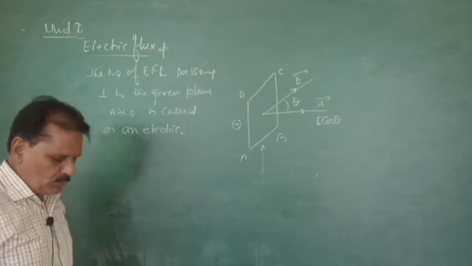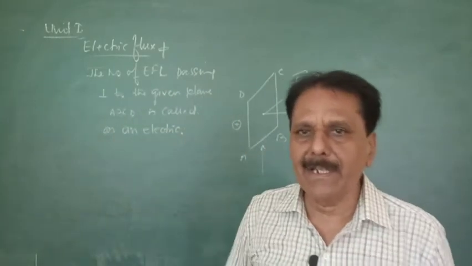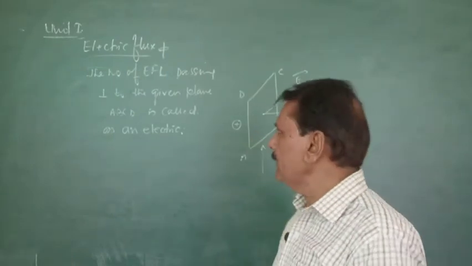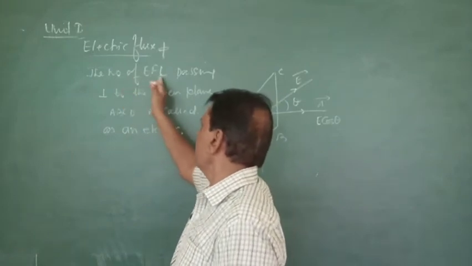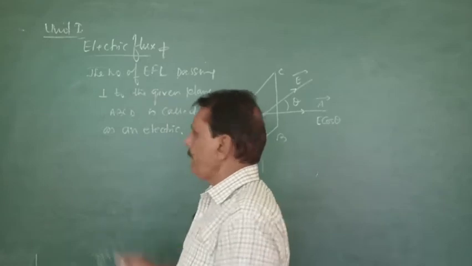If somebody asks you what is electric flux, you can simply say it is a number. Then if he replies which type of number, you say the number of electric field lines passing through the given surface perpendicular to it.